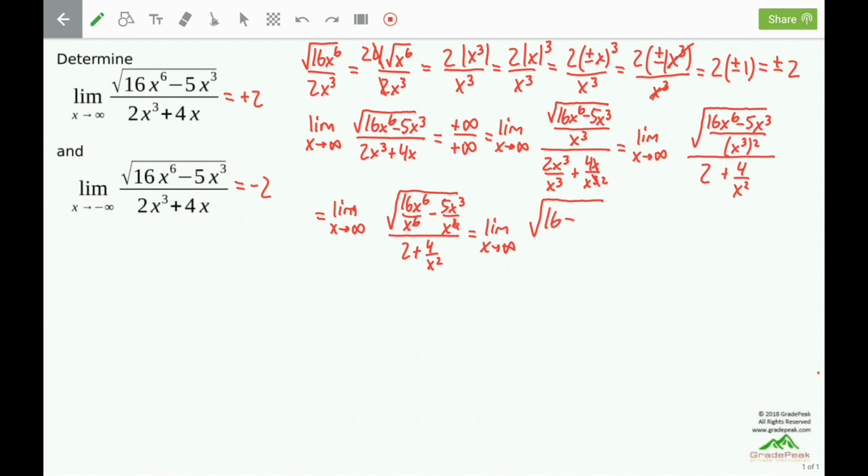In the second term, 3 of the x's in the denominator can cancel with the 3 x's in the numerator, leaving a minus 5 over x cubed. Each term that is a constant divided by x to a positive power will go to 0 as x approaches positive infinity.